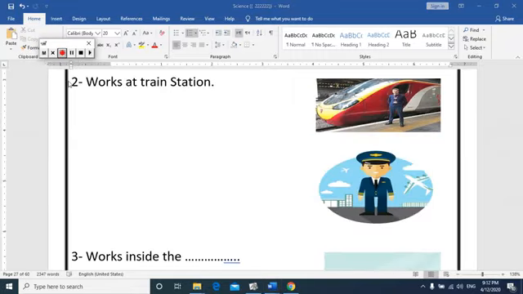Number 3. Look at the third picture. The third picture is a pilot. The pilot is a person who flies the aeroplane. Okay. Who can answer number 3? Works at, or works inside the, works inside what?